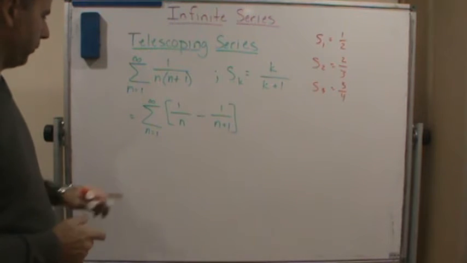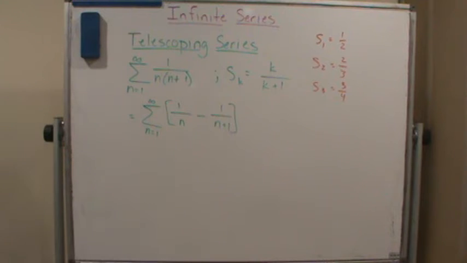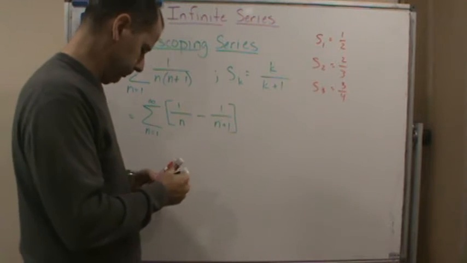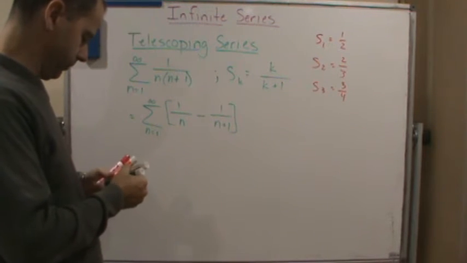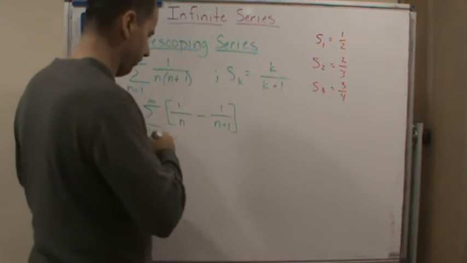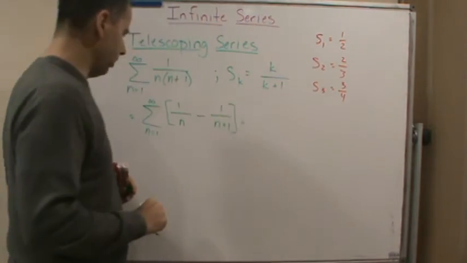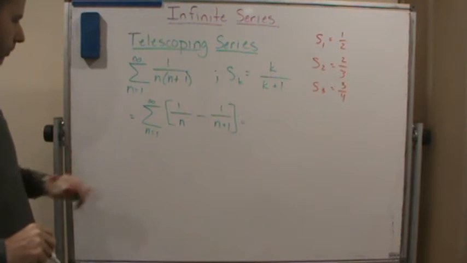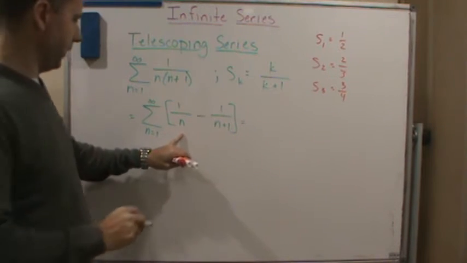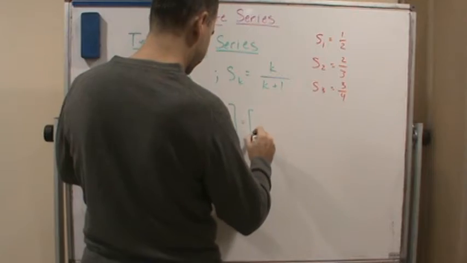Okay, so now we can write the series like this, for n equals 1 to infinity. Let me write out the first several of these.